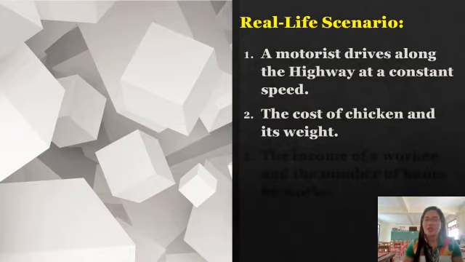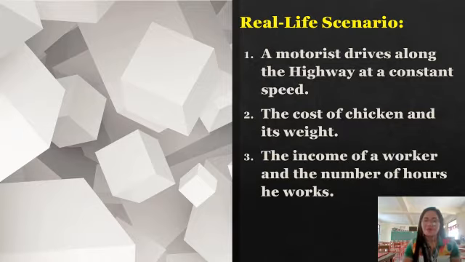Second, the cost of chicken and its weight. It is also a direct variation because the cost of chicken is expensive if the chicken is heavy. But if it's light, of course, the price of chicken is cheap. Third, the income of a worker and the number of hours he works.